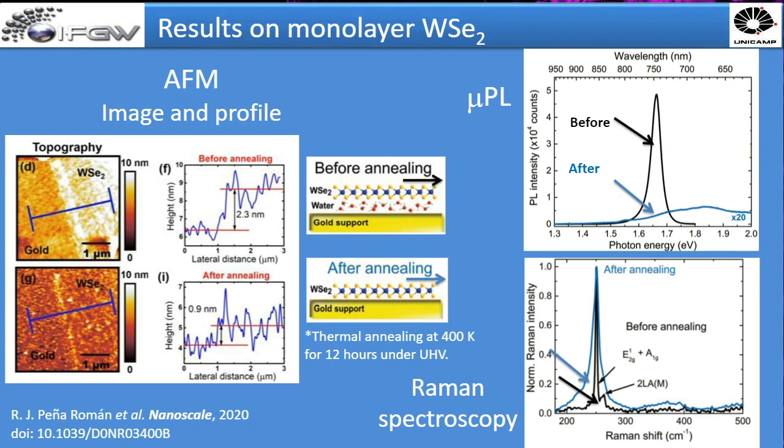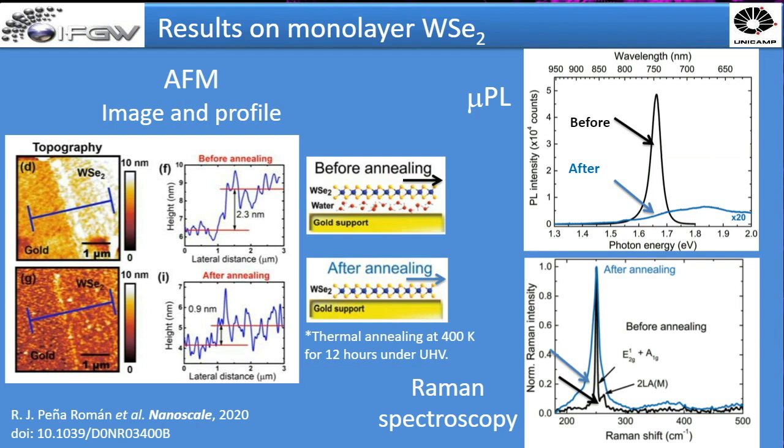And this is very important because gold is known to quench the luminescence from TMDs because it creates a lot of non-radiative recombination channels at the interface between the gold and the TMD, and we should always remember that the sample is just 3 atoms thick, so any state that the gold creates that enters the TMD could create these non-radiative recombination channels.